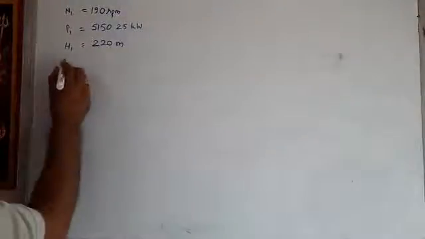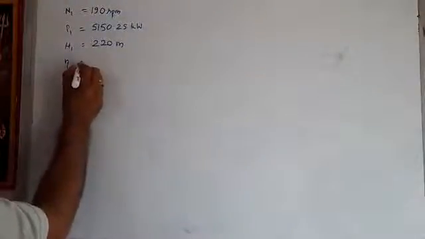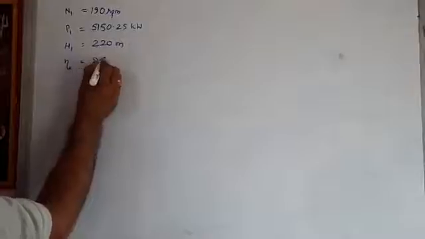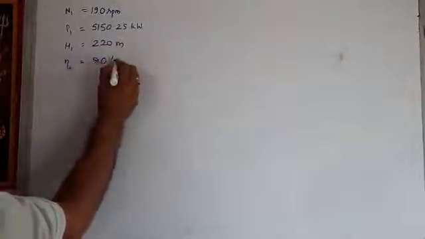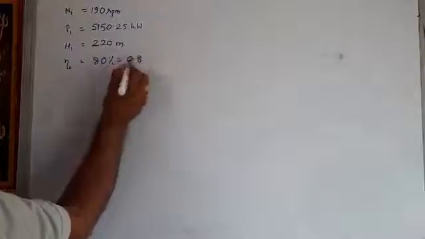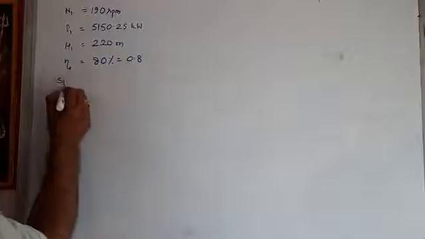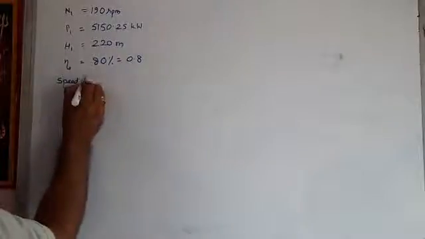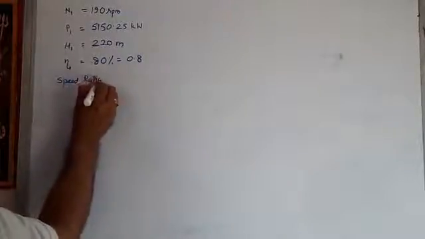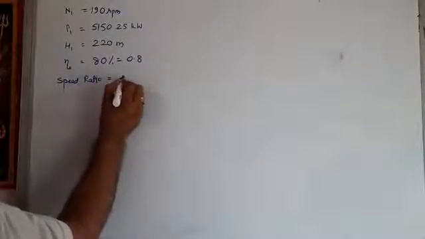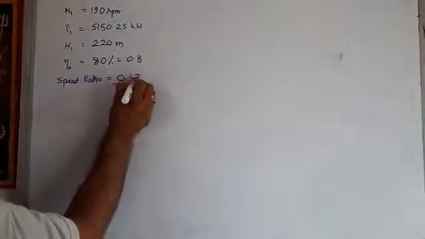Overall efficiency eta overall is given as 80%, that is 0.8. Speed ratio is given as 0.47. New head of water is 140 meter.